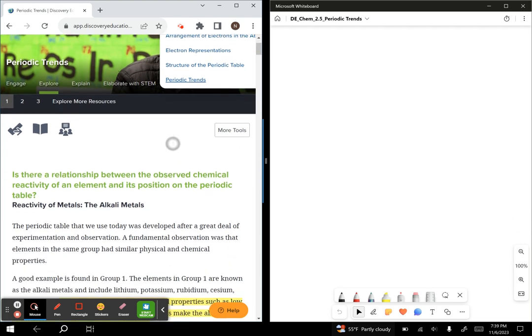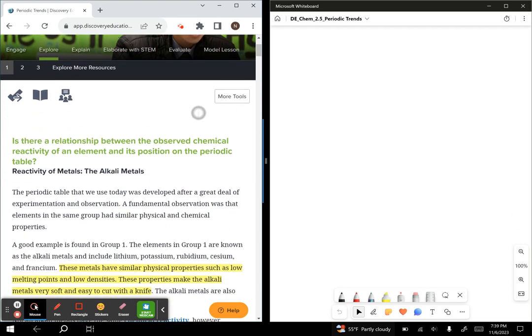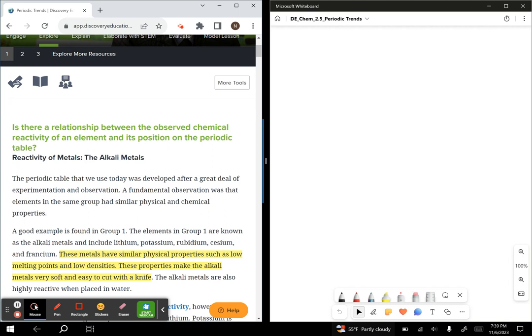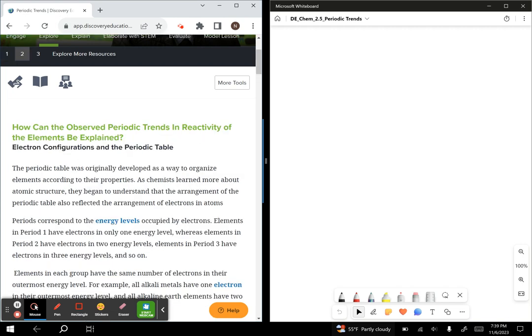If we take a quick look at this first page, it is asking, is there a relationship between the observed chemical reactivity of an element and its position on the periodic table? If you take a look at Explore 2, how can the observed periodic trends in reactivity of the elements be explained?